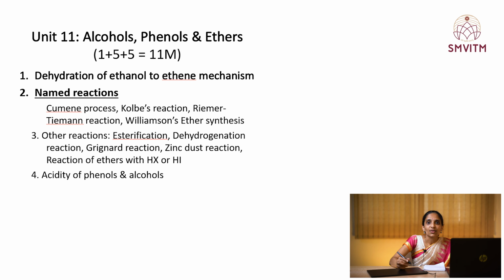On the other hand, if electron withdrawing groups are present, the corresponding ion, the phenoxide ion, gets stabilized. The stability of the corresponding ion becomes more, and so the corresponding compound becomes more acidic. So this is the influence of groups on acidity. Even these concepts may be asked.